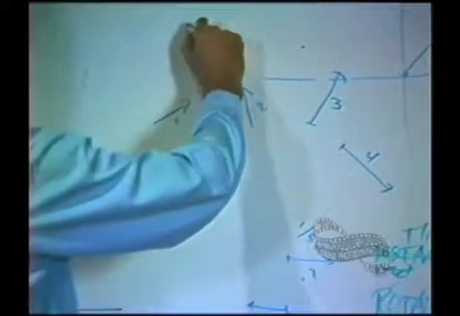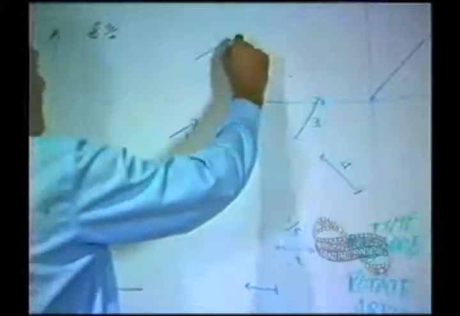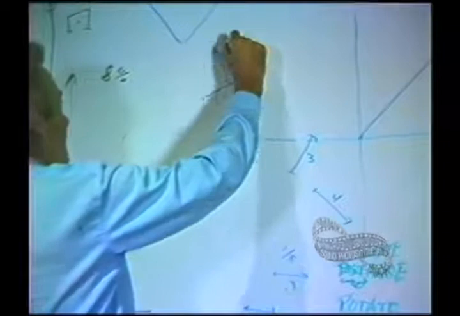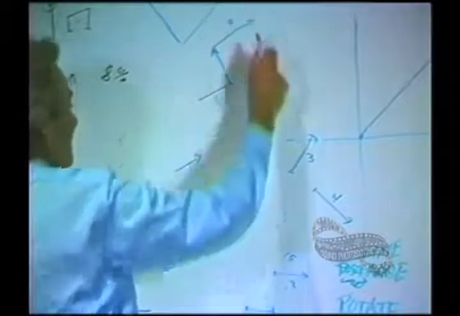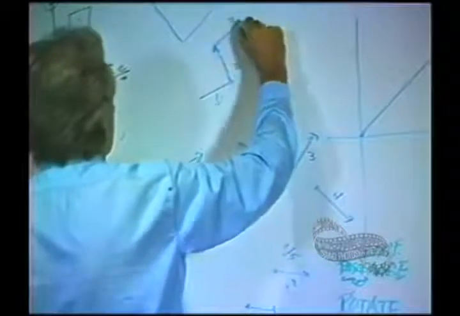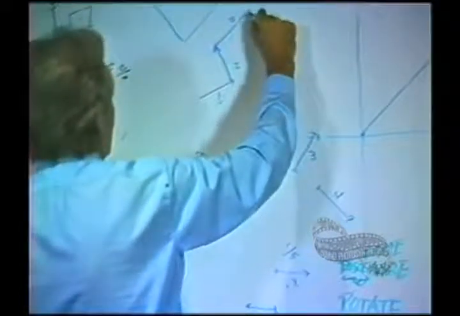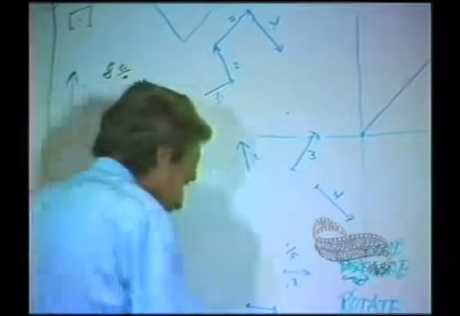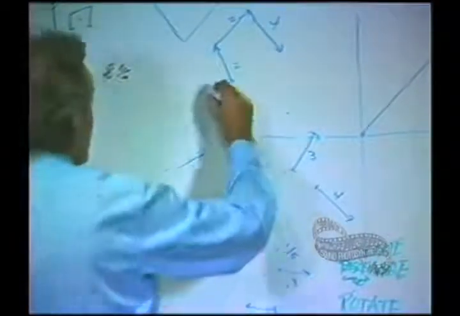And the easy way to do that geometrically is to draw one and then draw the next one on the end of that. That's number 2. And then number 3 on that. I didn't draw it at quite the correct angle. And then number 4. And then the net result for the probability would be the square of this length.